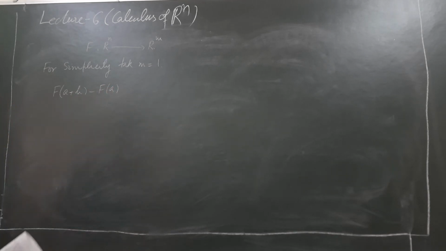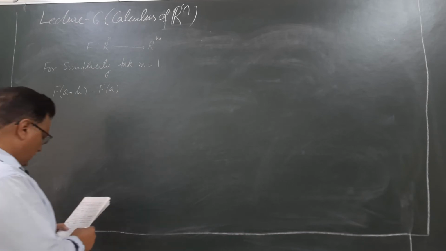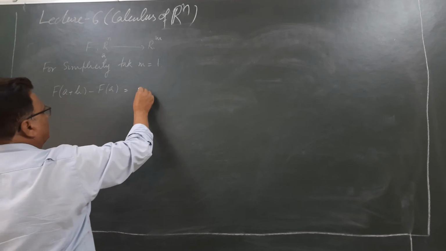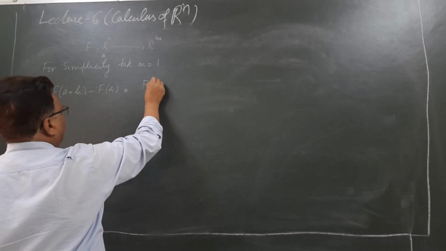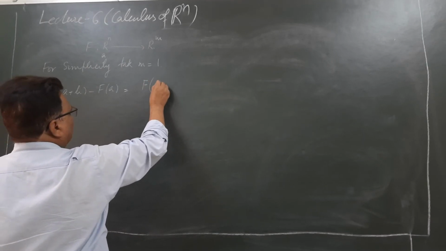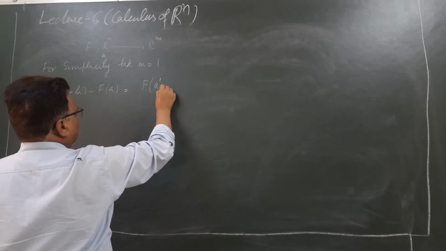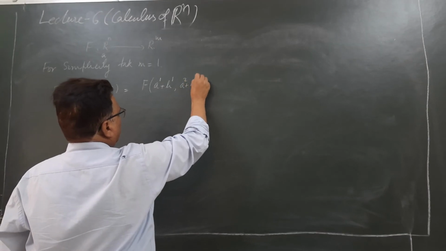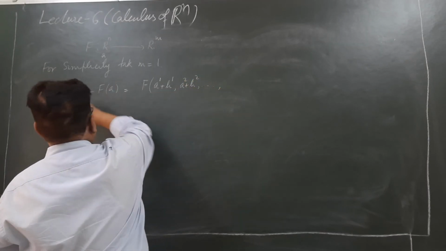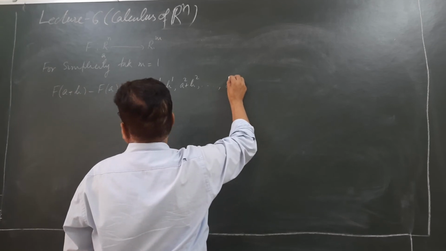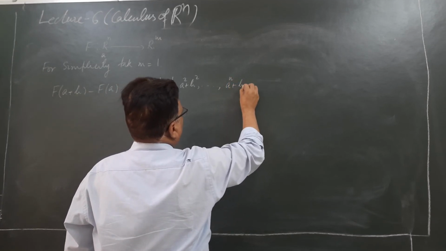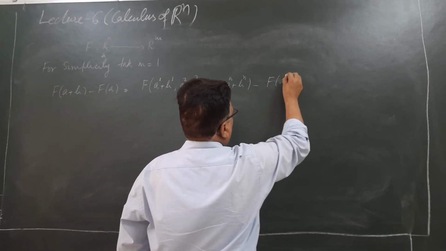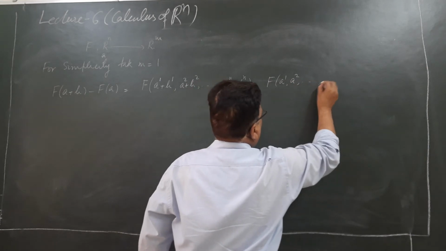Okay. Now this I will write down as, चूँकि a पॉइंट है Rn का, तो ये लिखा जाएगा ऐसे, f of (a1 plus h1, a2 plus h2, ..., an plus hn) minus f of (a1, a2, ..., an).